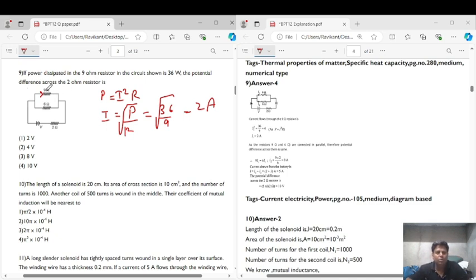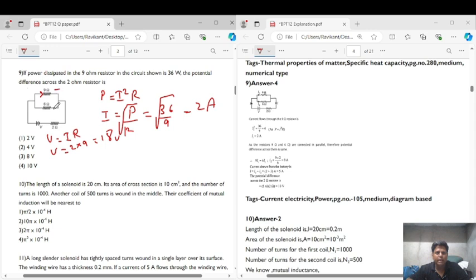Now if 2 ampere current is flowing over here, it means the voltage across it will be V is equal to I into R. So V will be equal to 2 into 9, which is equal to 18 volts.